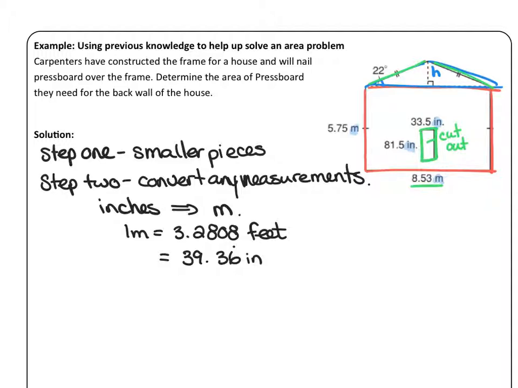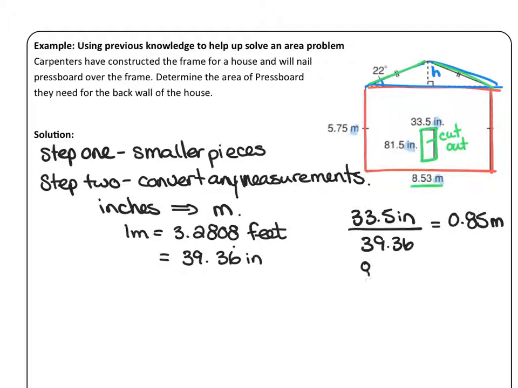So what I'm going to do is change that 33.5 inches into meters. I'm just going to divide it by 39.36. So 33.5 divided by 39.36 is 0.85 meters.